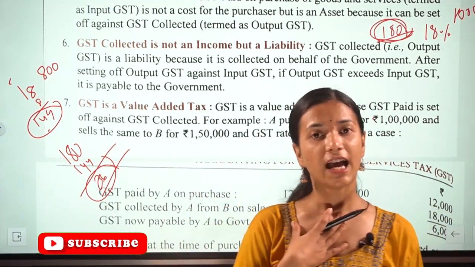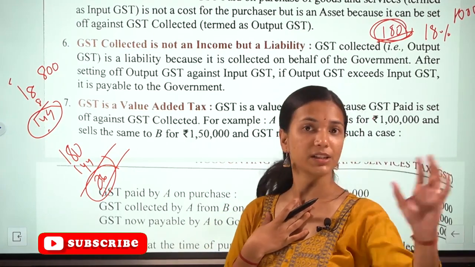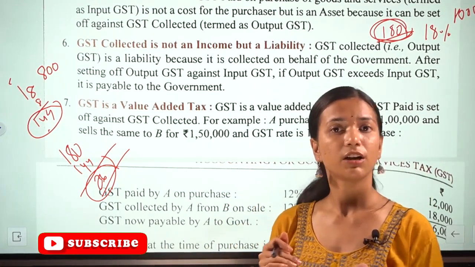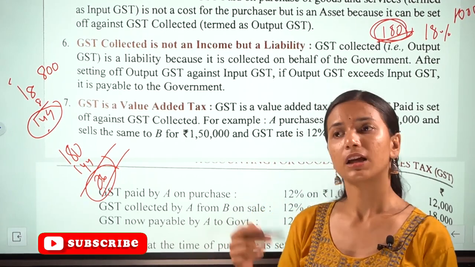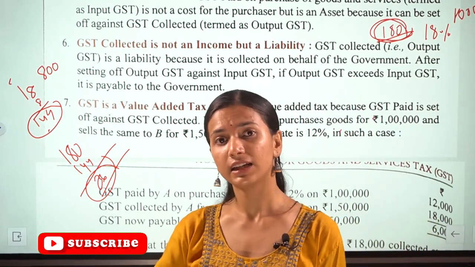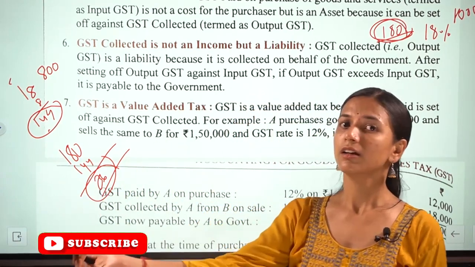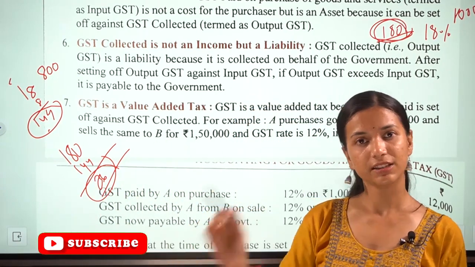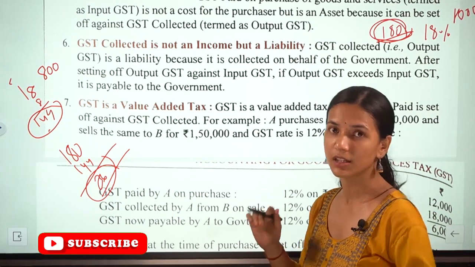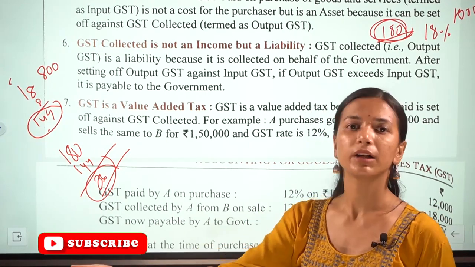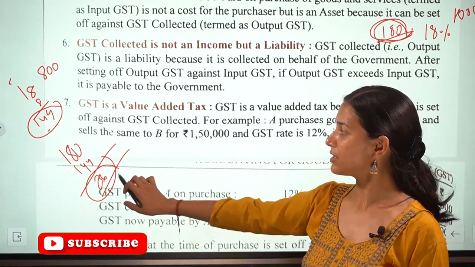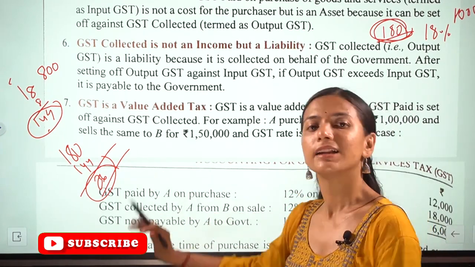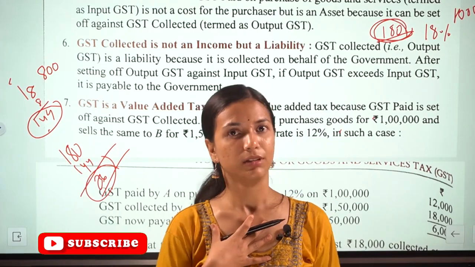That means I am purchasing the goods at 1000 rupees, paying 18% GST, that is 180 rupees. Now I am selling the goods again at 800 rupees. I am receiving the GST at 18% again, that is 144 rupees. I have paid 180 but now I am getting 144 rupees. So there is a gap, a difference, and the difference in amount is 36 rupees. That 36 rupees I am liable to pay.